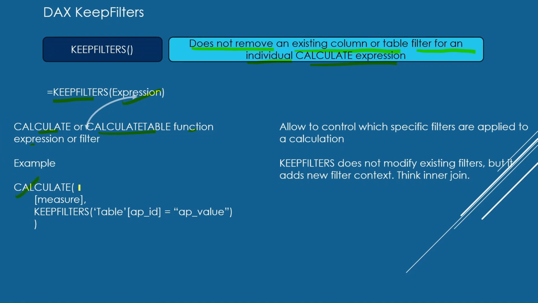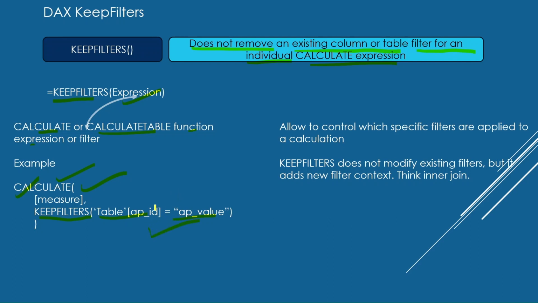This is a CALCULATE, this is a measure, and what we are doing here is using KEEPFILTERS, and this is the table name and this AP value. So what will happen? Whenever it calculates, suppose this CALCULATE is part of the measure, the value is always calculated based on this filter context.